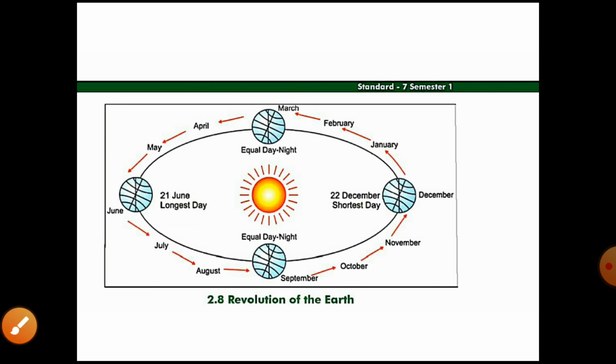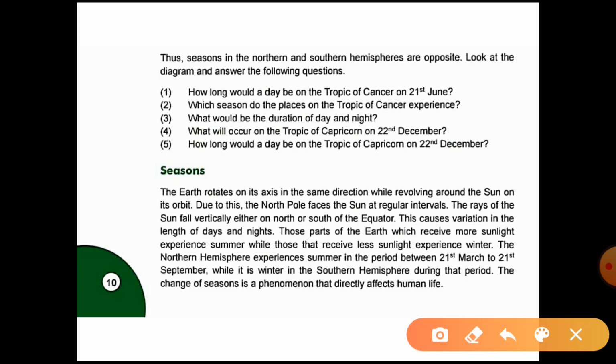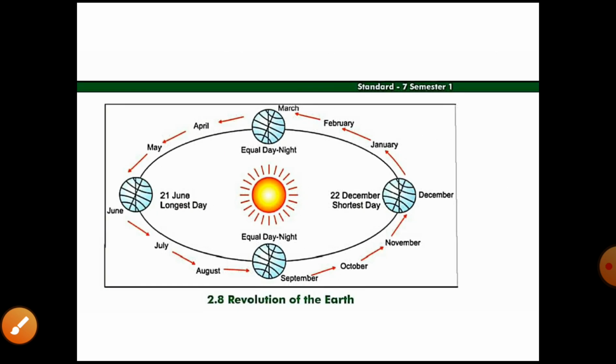Then the second one: which season do the places on the Tropic of Cancer experience? At the different months of the year, it's according to the sunlight or the position of the earth which is experiencing the different seasons.